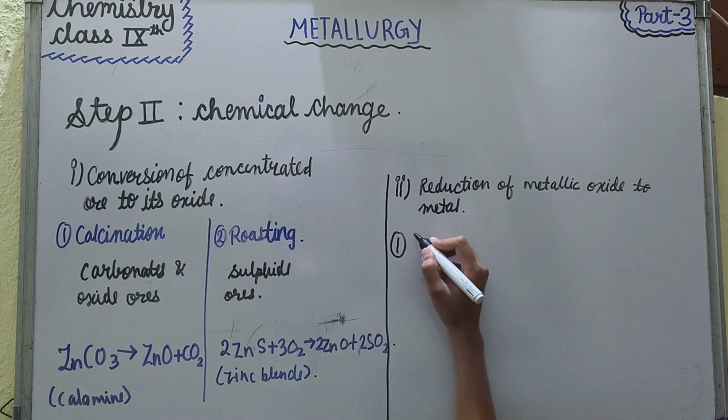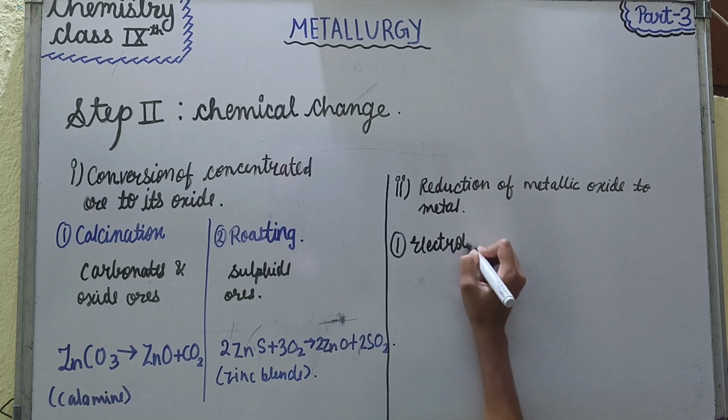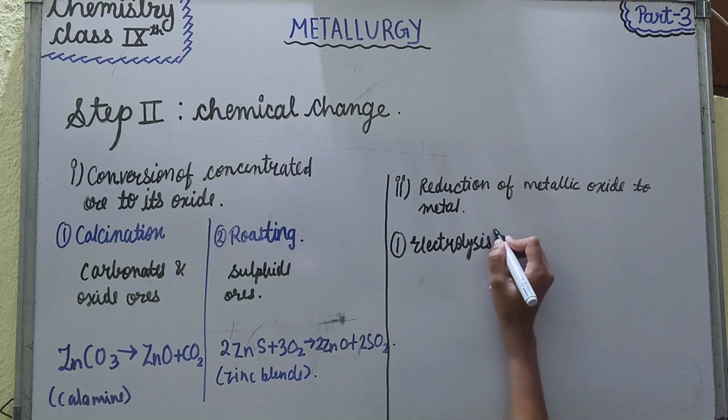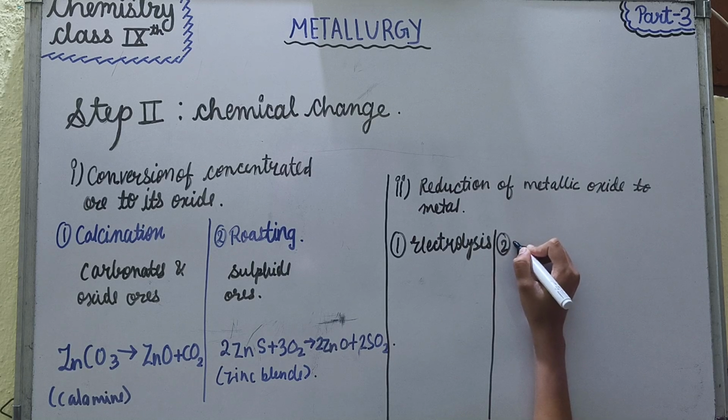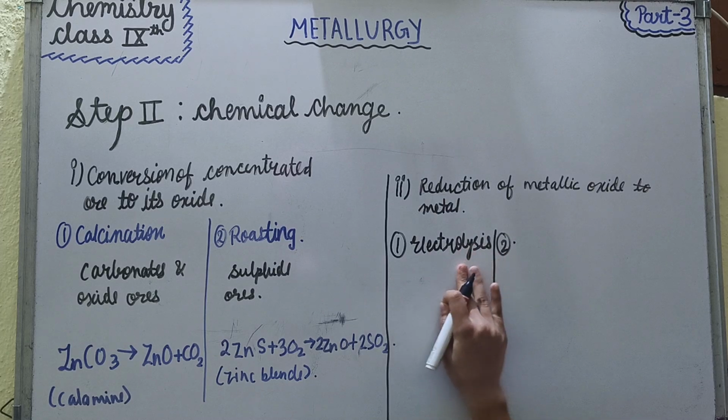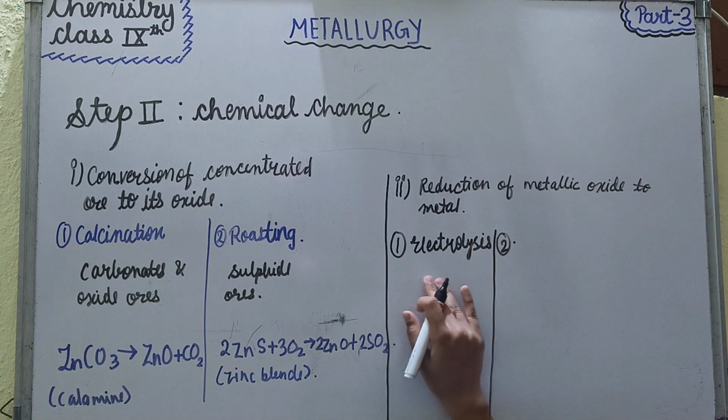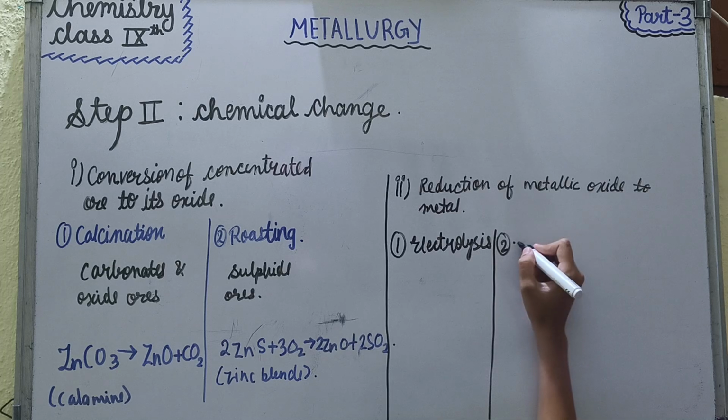First is electrolysis, which means electrolytic reduction. Second is chemical reduction, which is reduction by reducing agents.